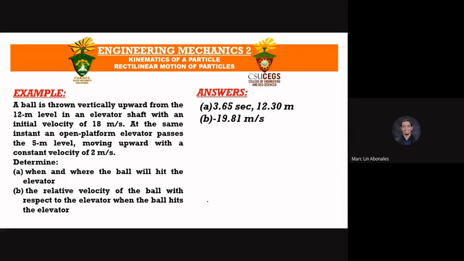So we have answers here. So for letter A, the time must be 3.65 seconds. And the position is 12.30 meters. And for letter B, the relative velocity of the ball with respect to the elevator, that is negative 19.81 meters per second.